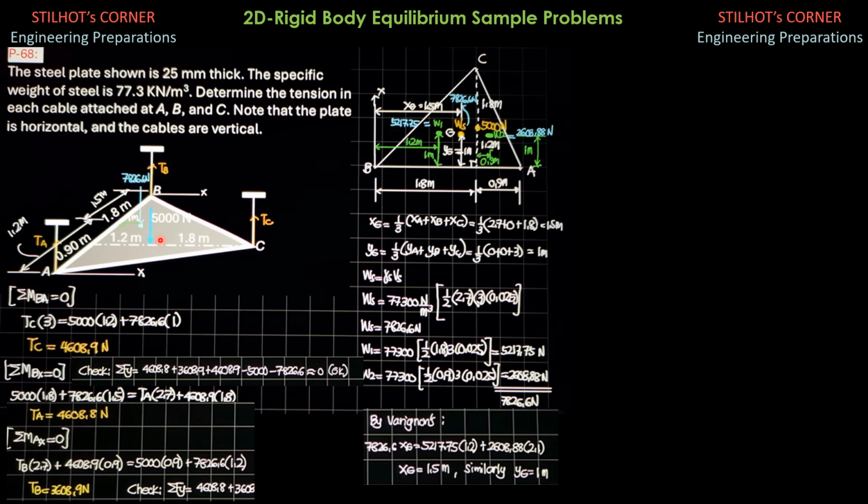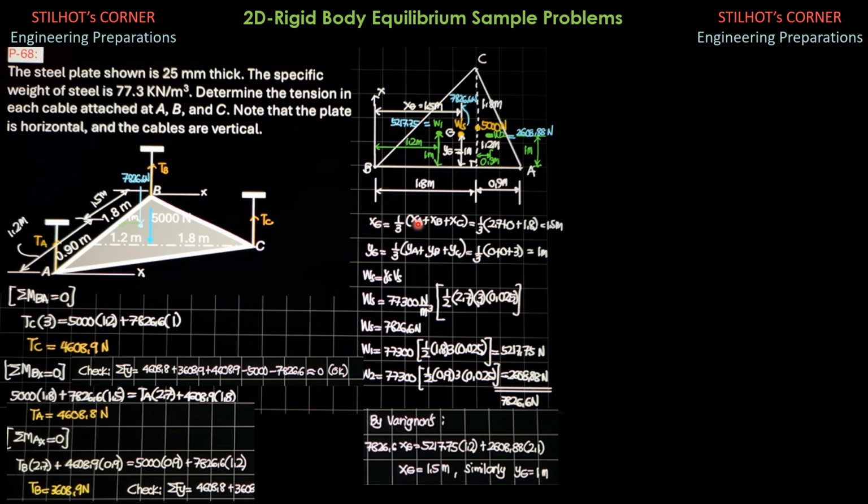So I present here a way where I can compute the weight and locate it at just one point. And let's verify using Varignon's theorem if the location of this single weight of the triangular plate is indeed at the formula given here.